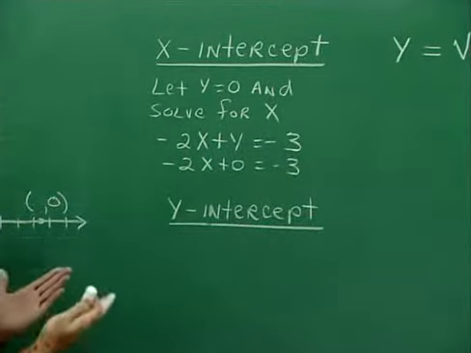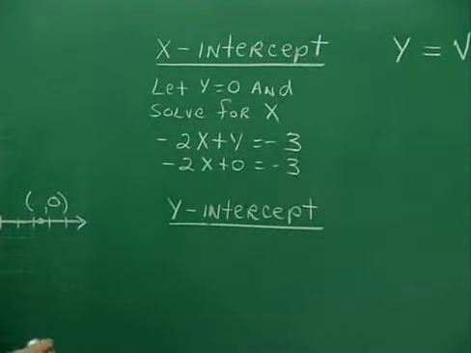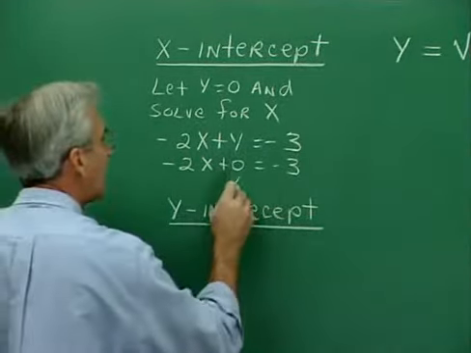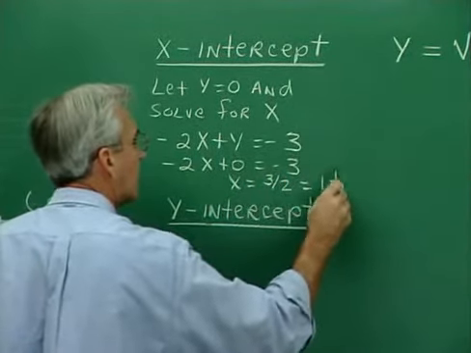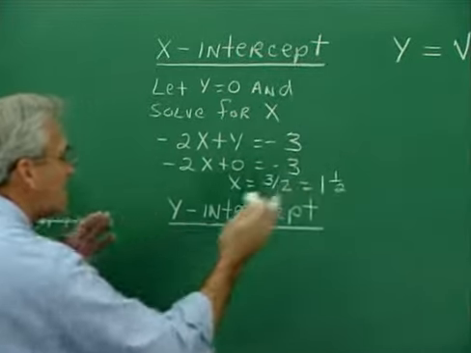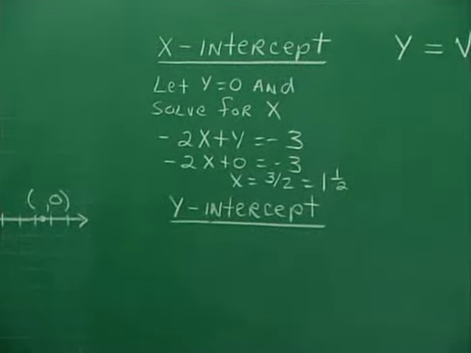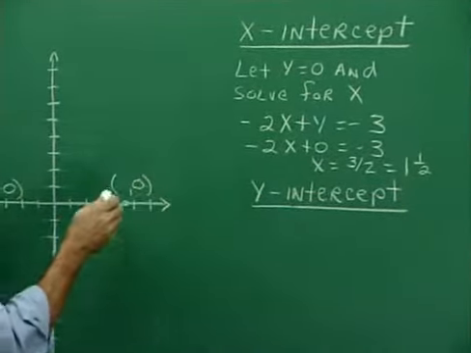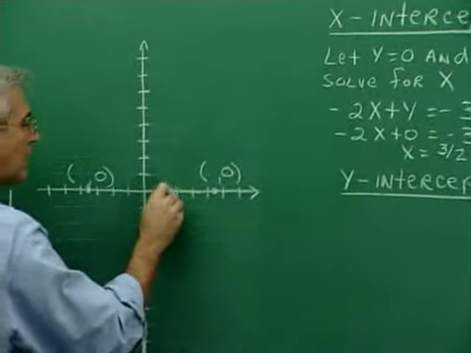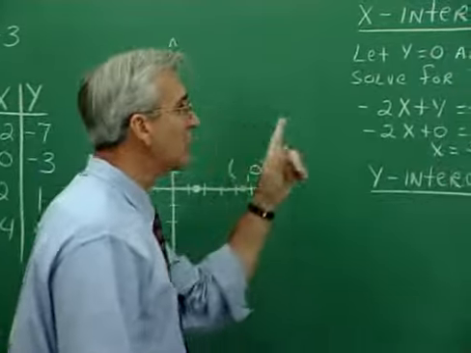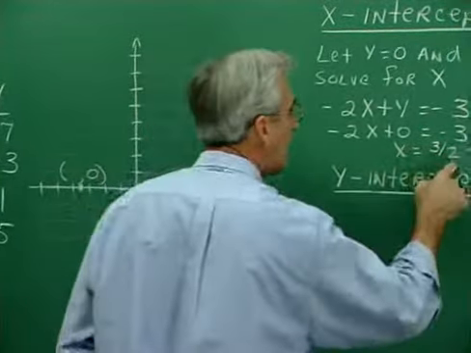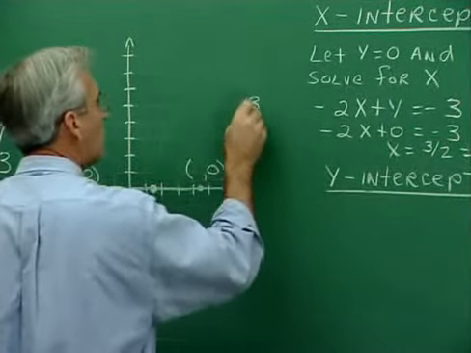Now it's fairly easy to solve for x. We divide on both sides by negative 2 to find x to be 3 over 2, which is 1.5. And then we could actually plot that point. Now that's the point 1.5, 0, so that point was right here. Okay, so the x-intercept is the point 3/2, 0.